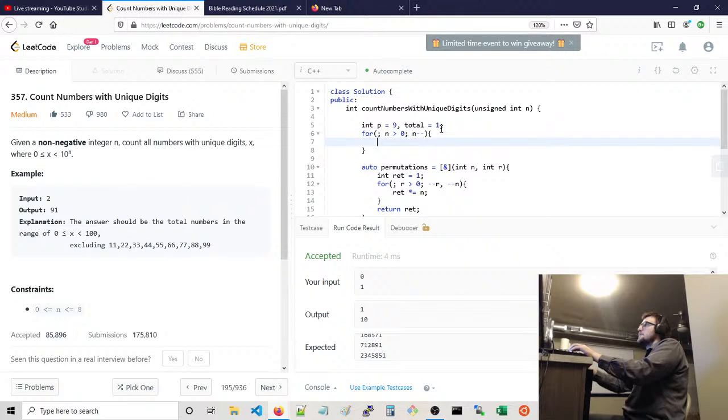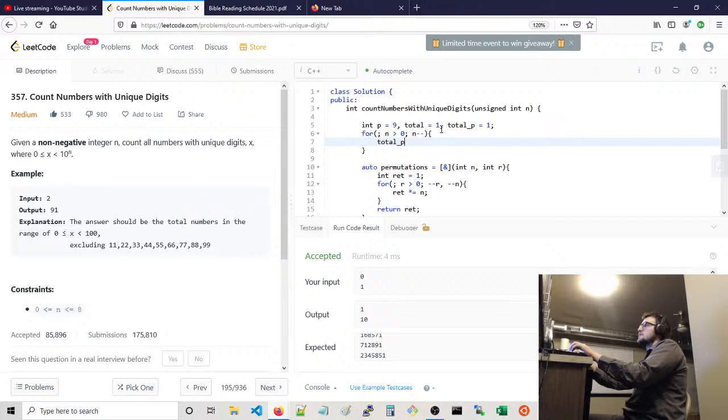And we're going to do the following: P multiply equals total, and total P equals 9. No, let's do 9, 1, 1, okay.